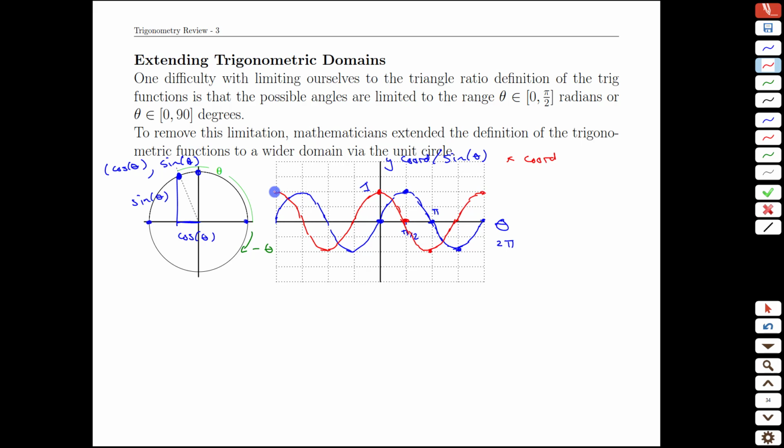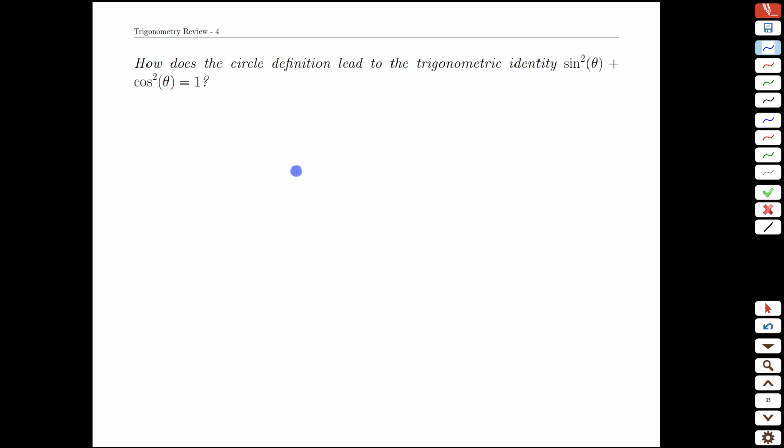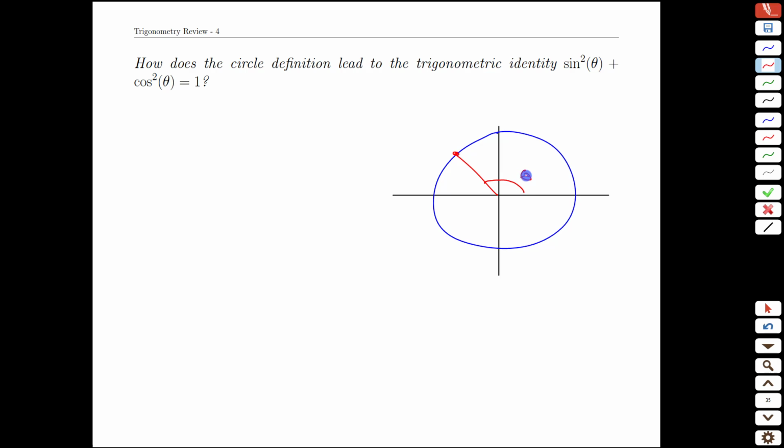Now there's a few nice properties we can infer from this. The first is, using the circle definition leads very quickly to understanding our trig identity about sine squared and cos squared. If we have our circle, and we take any point, and we take the angle to that point, what we're claiming is that this vertical distance, which is the y-coordinate, is sine of theta.